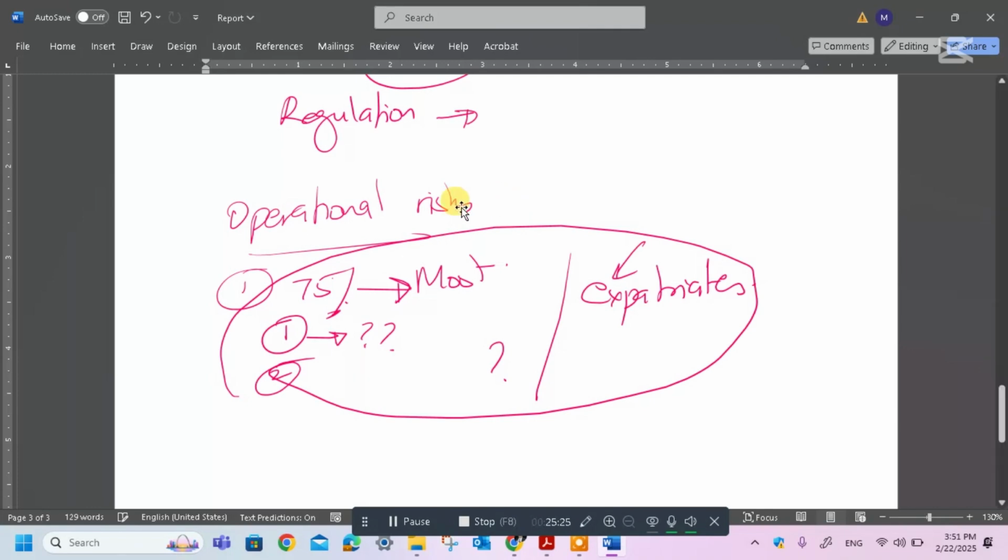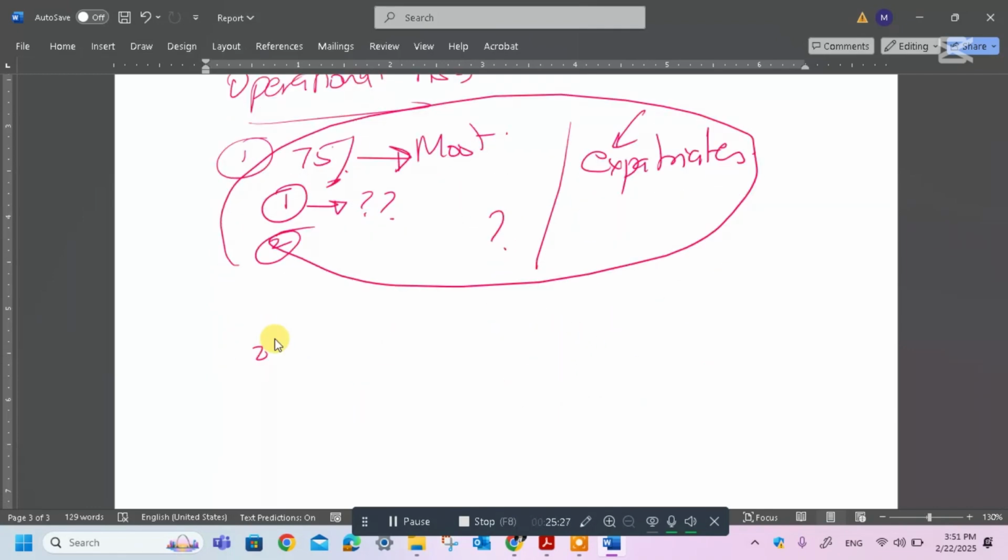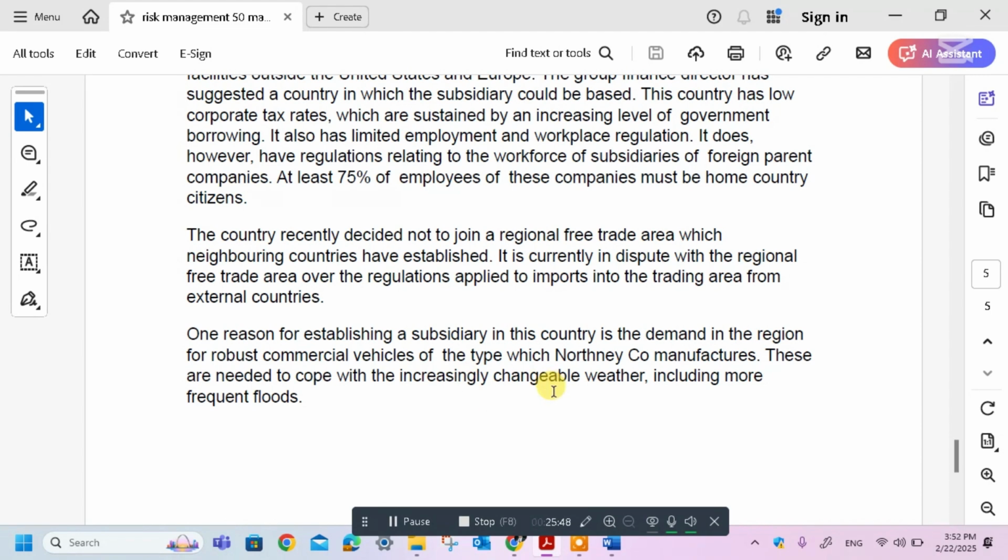Second, whether there will be availability of resources. This is assuming resources are there, I discussed this. But will they have a trained workforce? Will they have a skilled workforce? Whether they can do this? Third, the last part of the paragraph says these are needed to cope with the increasingly changeable weather and frequent floods.